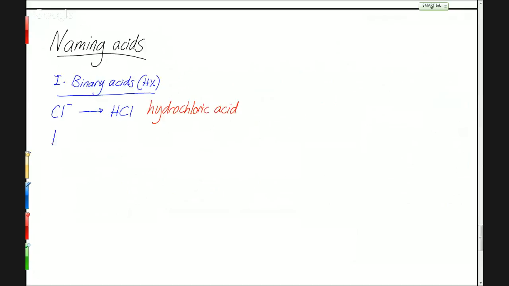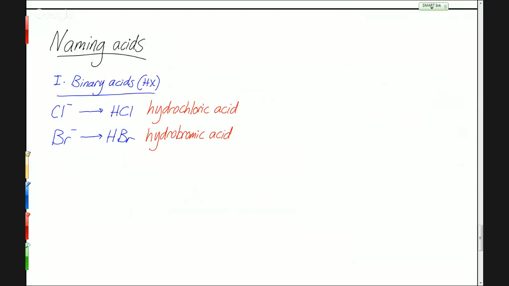So if we had a bromide ion, the acid that makes would be HBr. And what do you think the name would be? Hydrobromic. Yeah. So these are strong acids here. Each strong acid has IC at the end of the name. All the acids that we're going to look at have this IC at the end.